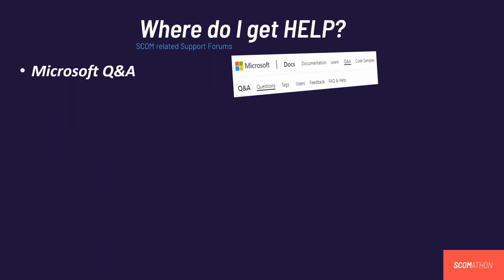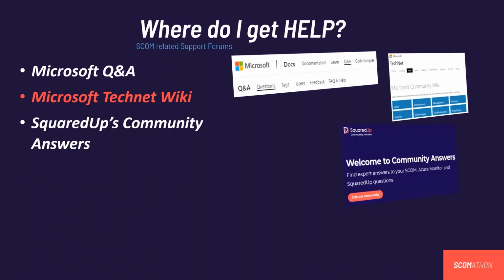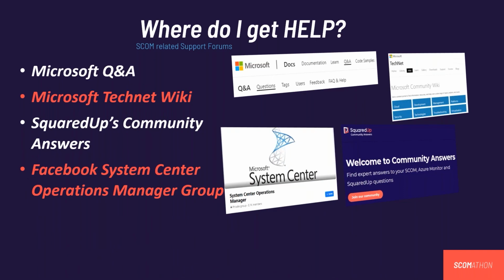And then there are different forums like the Microsoft TechNet Wiki page, where you can find a lot of articles, and also let's not forget the Squared Up community answers, where there are lots of guys who are answering regularly, and last but not least the System Center Operations Manager subreddit on Reddit.